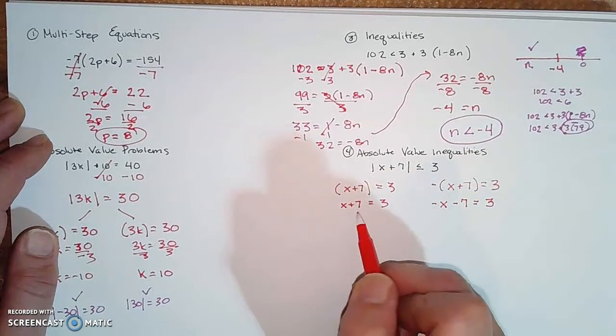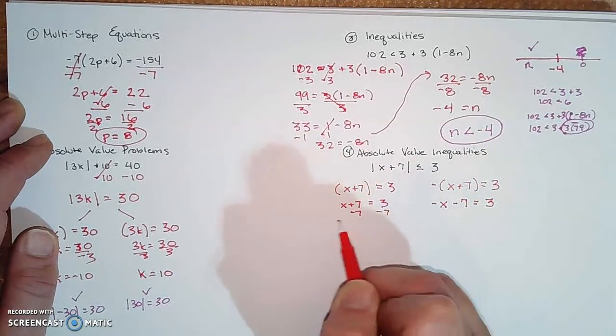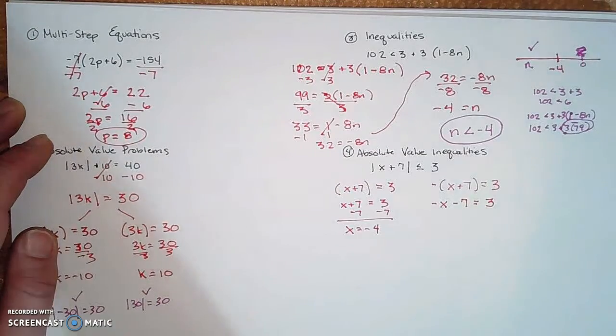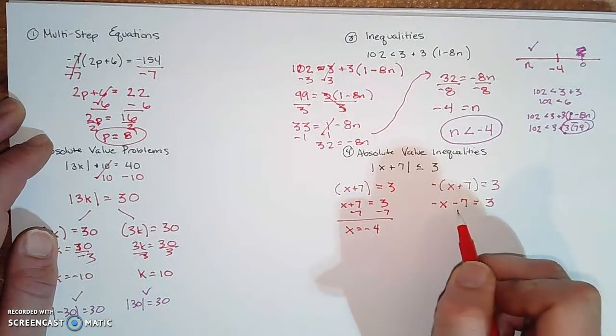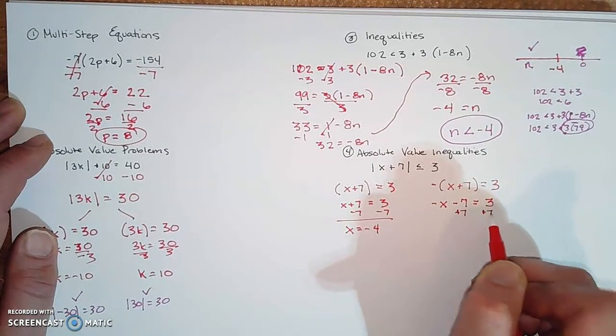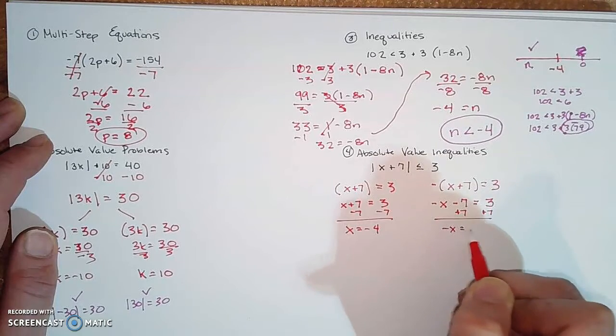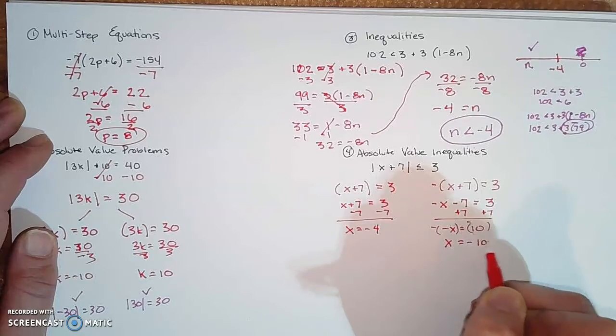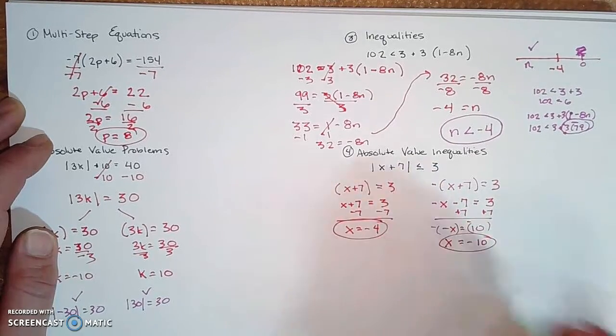Now I'm going to solve for x on each side. Subtract 7. X equals -4. And on this side, I'm going to add 7. Negative x equals 10. Multiply both sides by -1. X equals -10. So these are my 2 tipping points for my inequality.